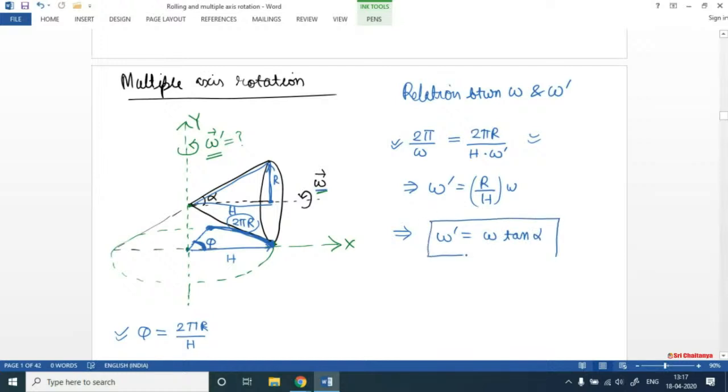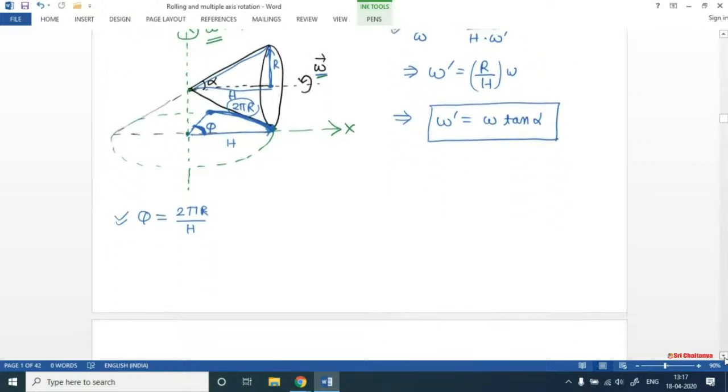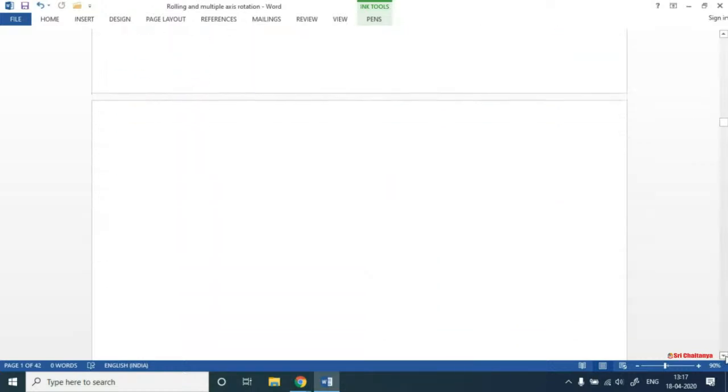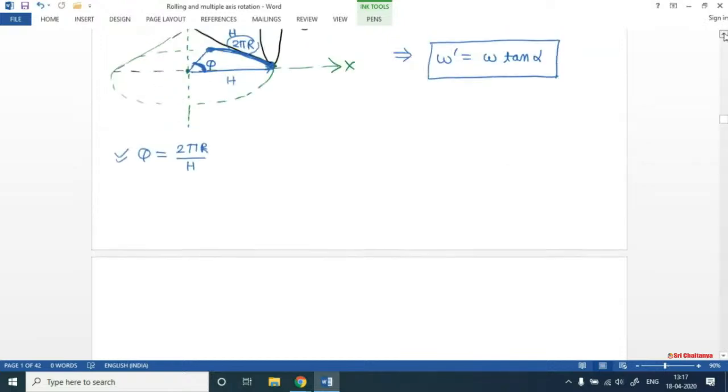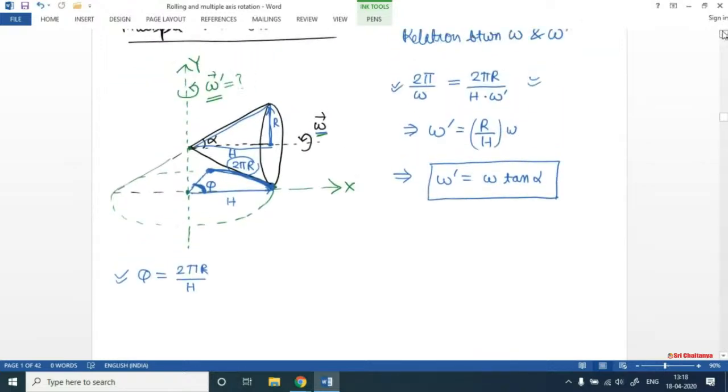Okay, so the very first thing we were required to find out was the relationship between the angular velocities about two different axes of rotation. Now you see also the direction we must see, as we have seen, the direction of omega dash is along the y axis, and the direction of omega at this instant would be in this direction here.